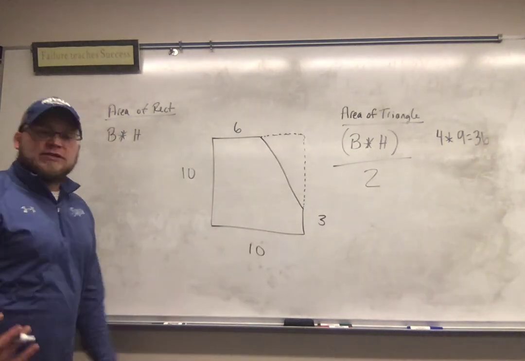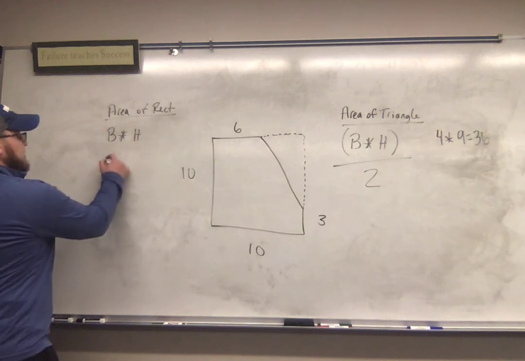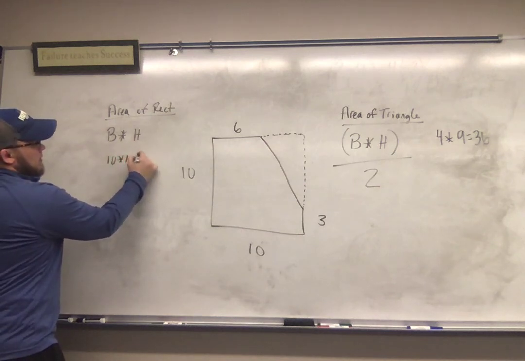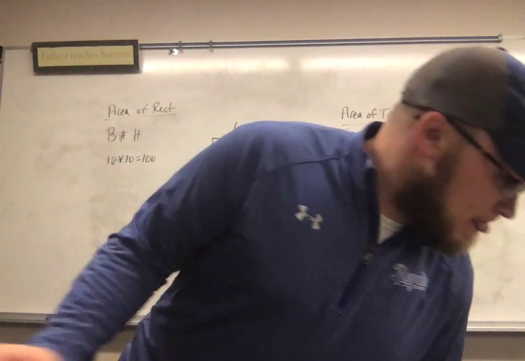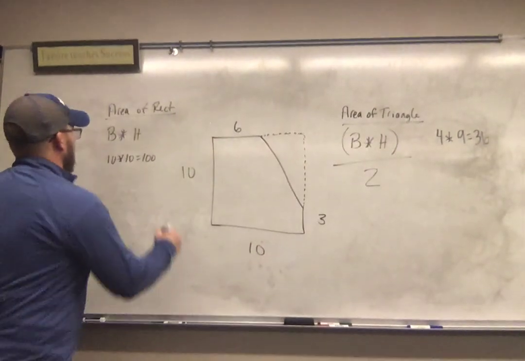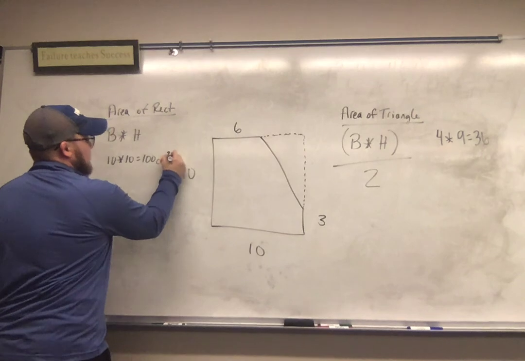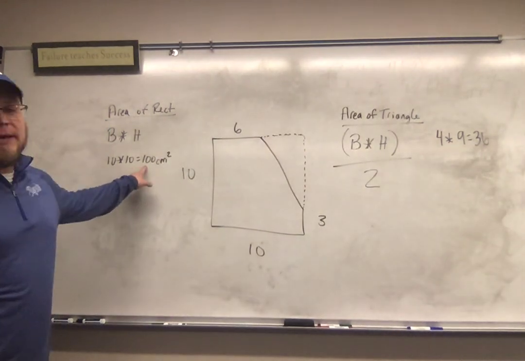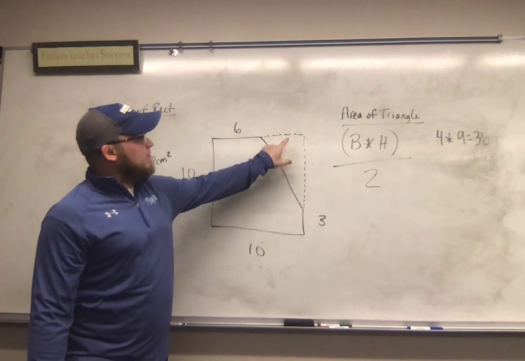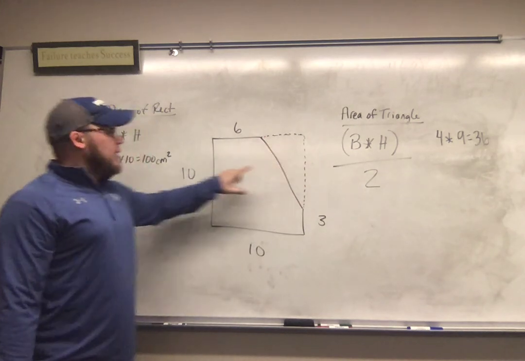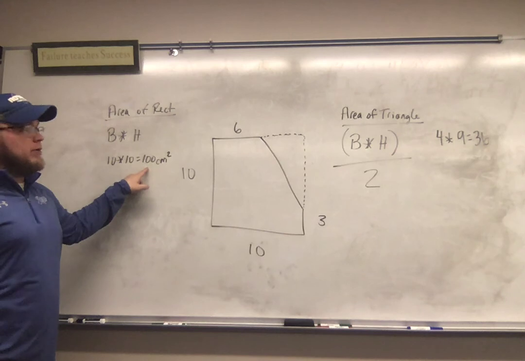So let's just assume this is a rectangle, and we do, obviously, 10 times 10, which equals 100. Okay, I forget what units we're in. We're in centimeters. So 100 centimeters squared. Obviously, it's not going to be that big because we're missing this piece. So what we're going to have to do is find the area of the triangle, and then subtract it from 100.